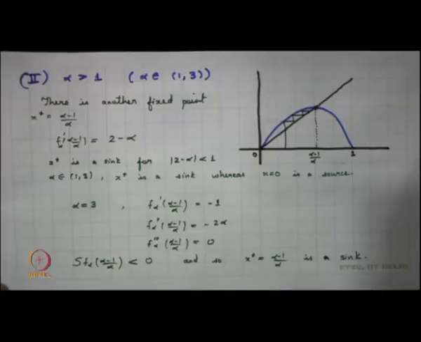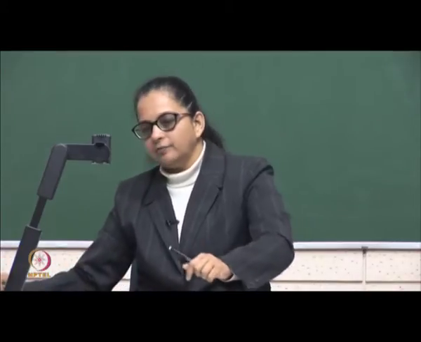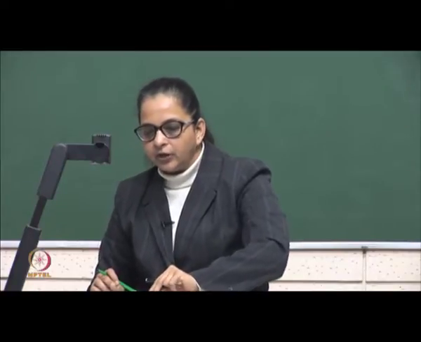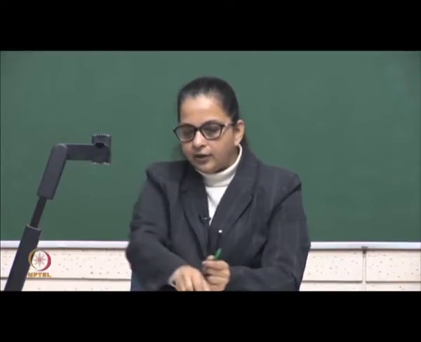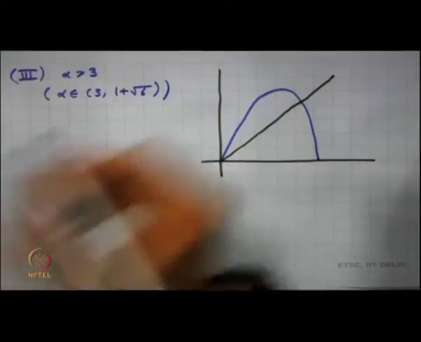Now, the interesting case is what happens when alpha becomes greater than 3. So, we go to the next case, where alpha belongs to (3, 1 plus root 6).